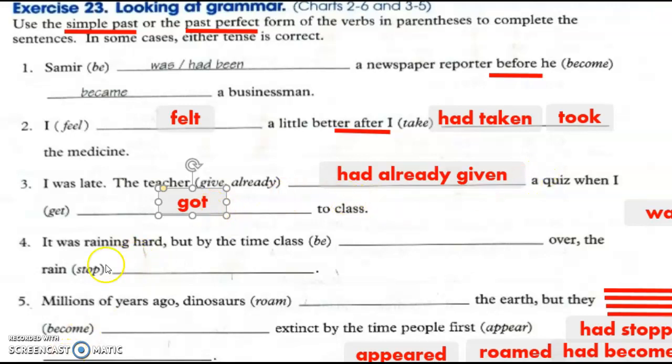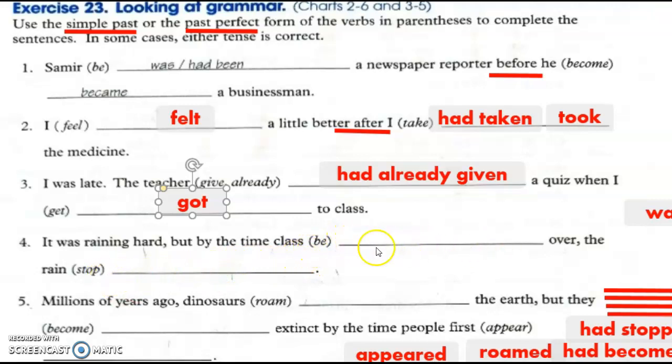Now, number 4: it was raining hard, but by the time class, verb to be, over, the rain, verb stop. So the verb be and the verb stop. Which one happened first? Which one is the oldest?